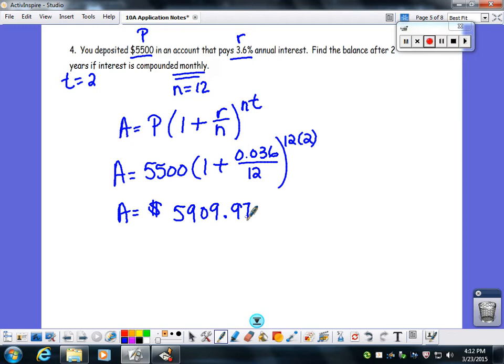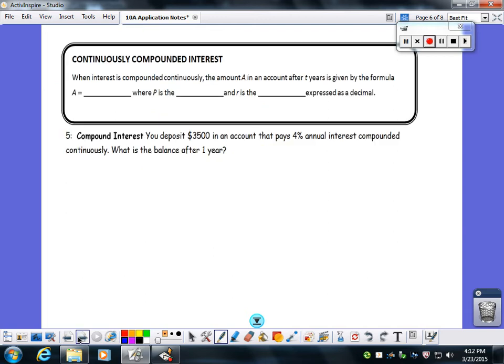All right. Now, we're going to look at a different type of formula, which is called continuously compounded interest. When interest is compounded continuously, the amount A in an account after T years is given by the following formula. A is equal to P e to the RT.